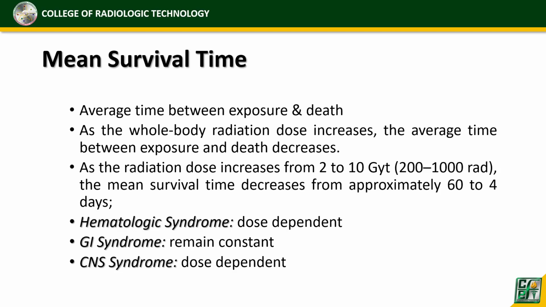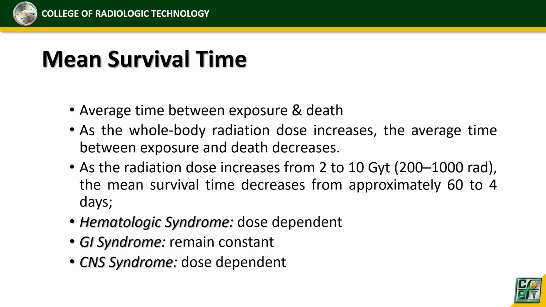Okay. Then, anong meaning ng mean survival? Okay, mean, syempre average. It is the average time between exposure and death. As the whole body radiation dose increases, the average time between exposure and death decreases, so inversely proportional.